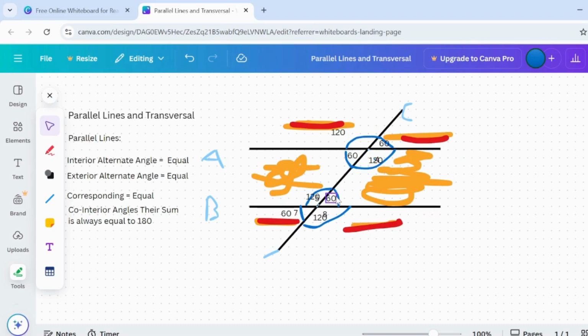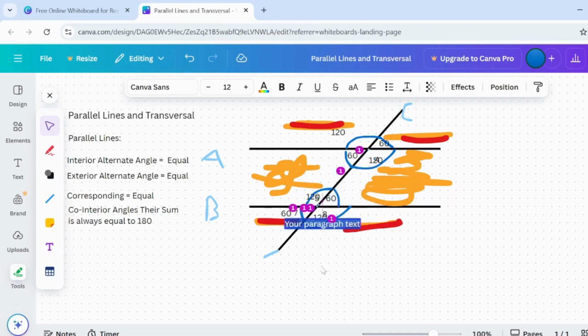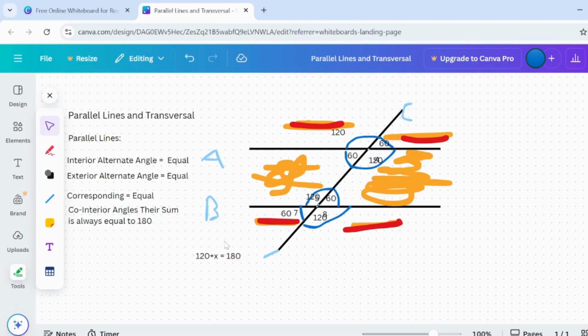Without using the corresponding method, we have to subtract. The equation is very simple. Let's assume this angle over here as x. So it's going to be 120, because they are co-interior angles, plus the variable x is equal to 180. In algebra, you can just transpose them, so plus 120 will be minus 120.